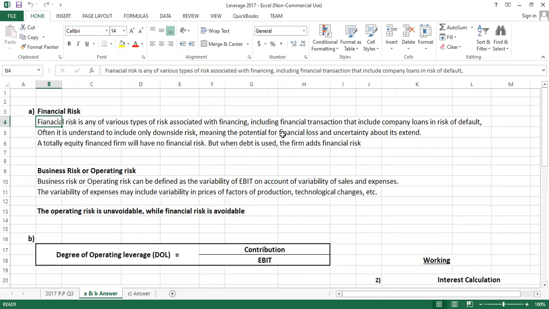Often it is understood to include only downside risk, meaning the potential for financial loss and uncertainty about its extent. A totally equity financed firm will have no financial risk, but when debt is used, the firm has a financial risk.